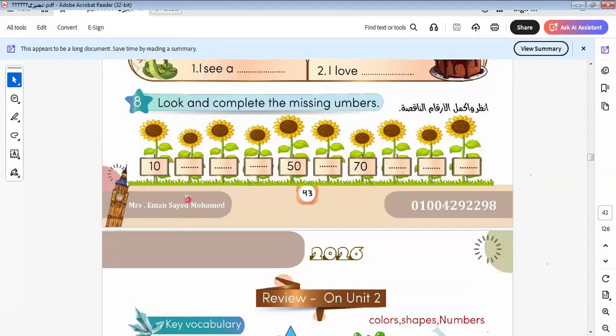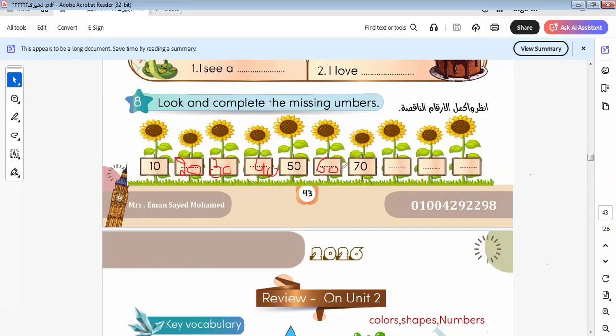Here is 10. As we know, 10, 20, 30, 40, 50, 60, 70, 80, 90. I will write two of them here and keep the rest for you to answer by yourself. It's 20, 30, 40. We count by adding 10. 10, 20, 30, 40, 50, 60.